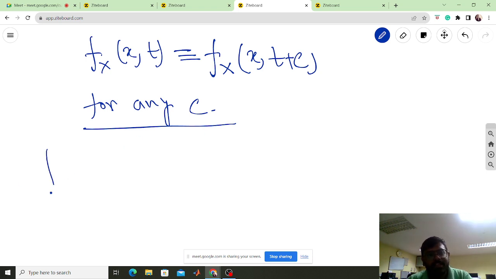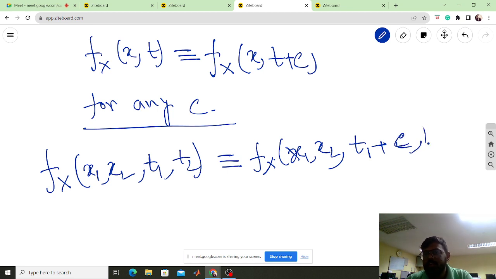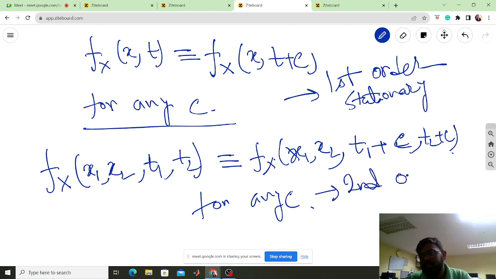And for second order, the pdf f(x1, x2; t1, t2) will be equivalent to f(x1, x2; t1 + c, t2 + c), similarly for any c. So this is first order, and this is second order stationary.